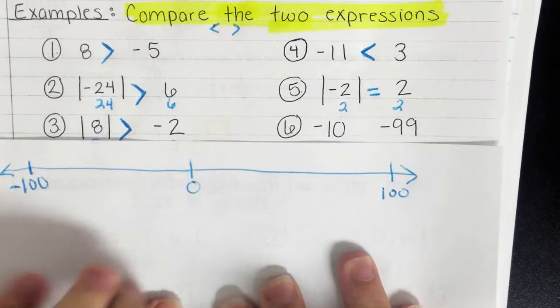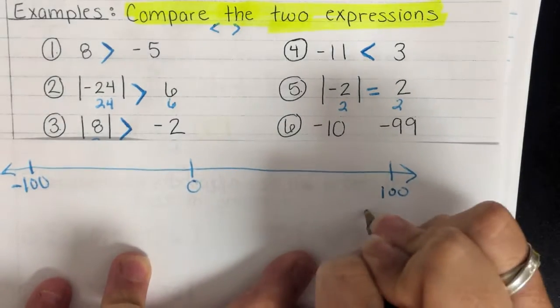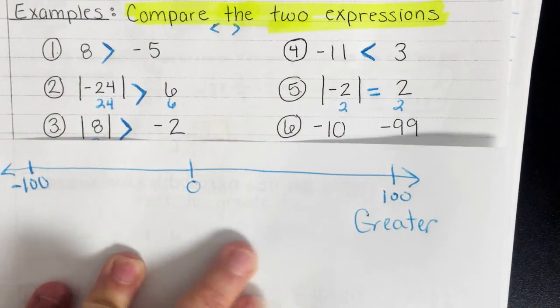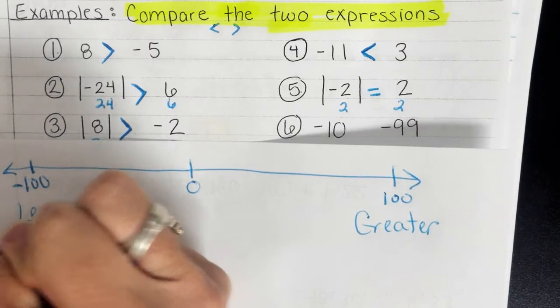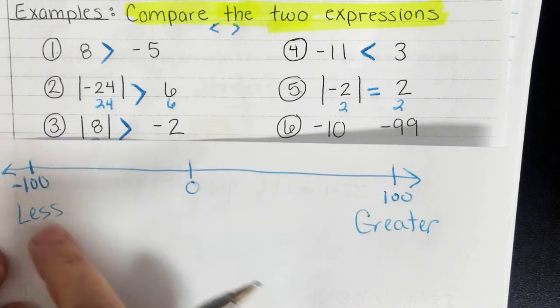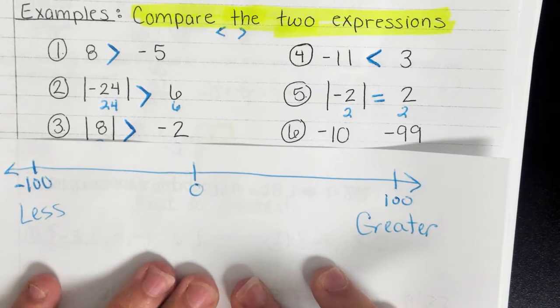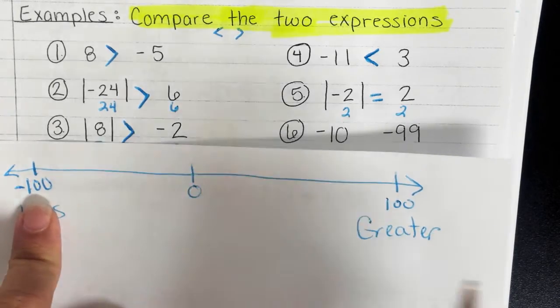Okay, I want you to think about this. 100 is greater than all those other numbers, right? Negative numbers down here are less. So as you go this way, it gets bigger. As you go this way, it gets smaller. So where would -10 be, near the 0 or near the -100?